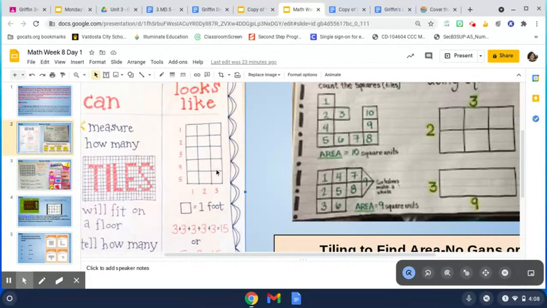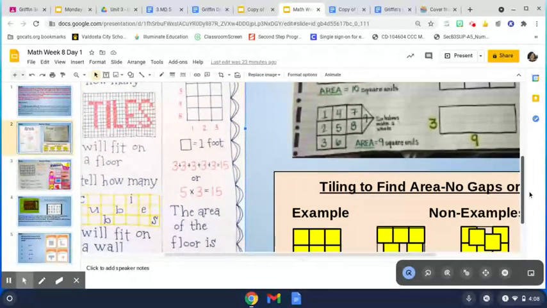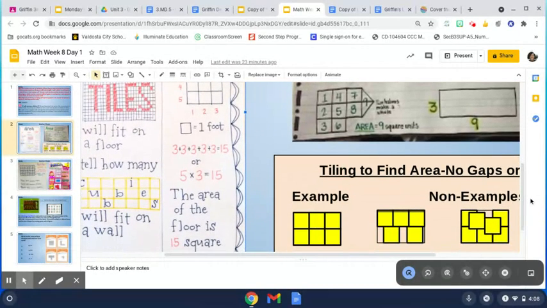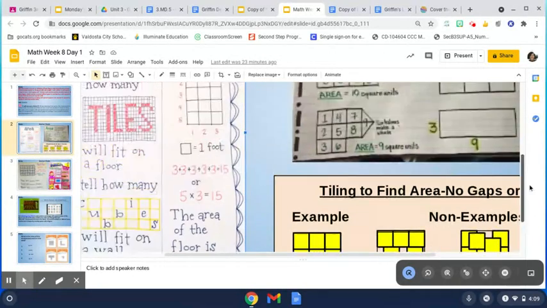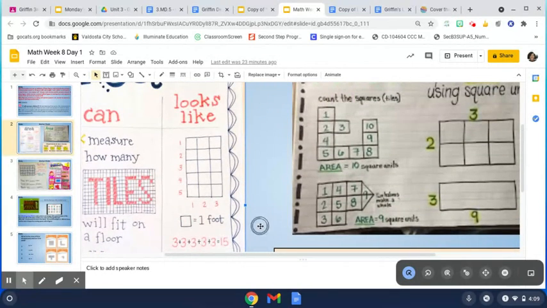So you can see that this area is 15, or it's 5 times 3, which equals 15, and the area of the floor is 15 square feet. Okay, how do we know it's feet? Because each square is 1 foot. And more than 1 foot, we have to say it's feet.